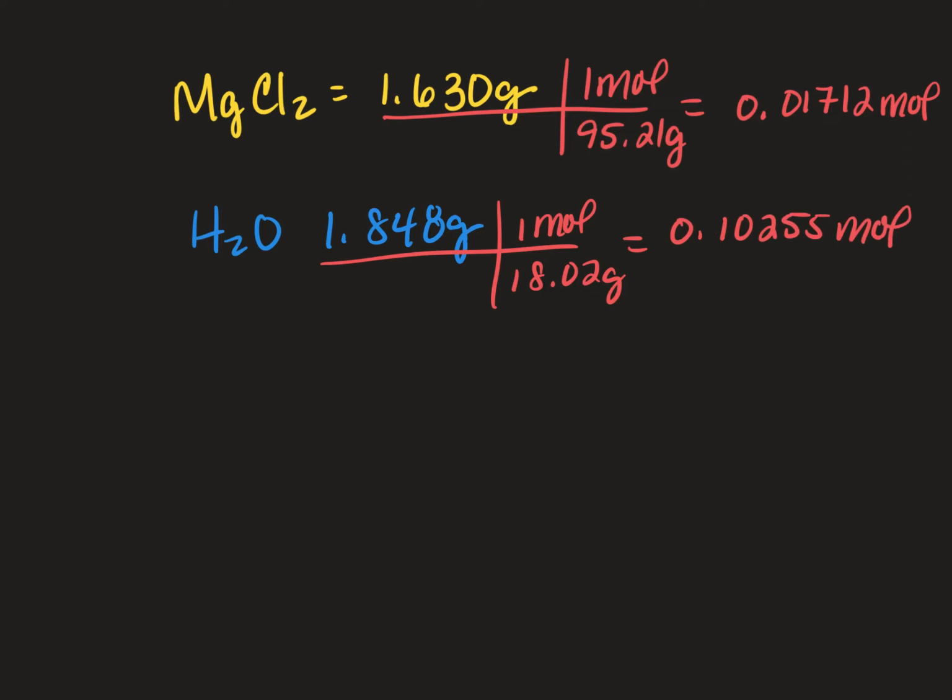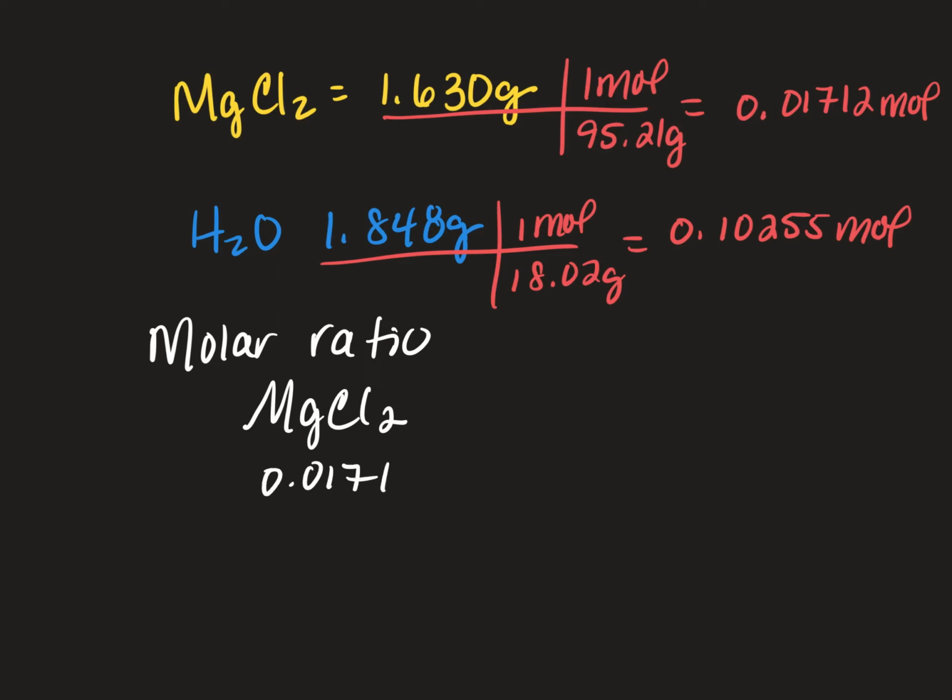So now what we want to do is find the molar ratio. So for MgCl2, we have 0.01712 moles, and for H2O, we have 0.10255 moles. So once again, we're going to look for the smallest whole number ratio. So we're going to divide by this lower number.